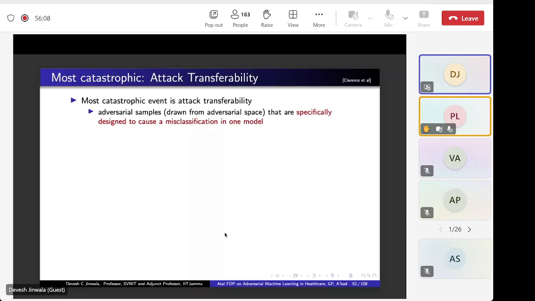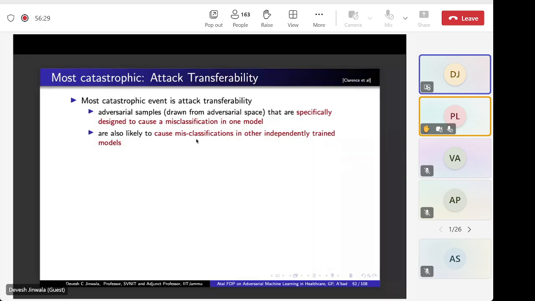So that's what it says. Adversarial samples which are drawn from the adversarial space I showed in the previous graph are specifically designed to cause a misclassification in one model and are also likely to cause misclassification in another independently trained model, because there is some relation between those two data.